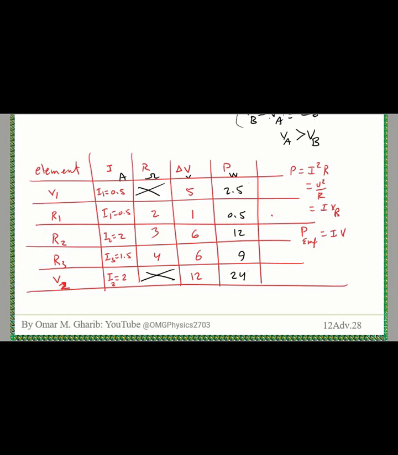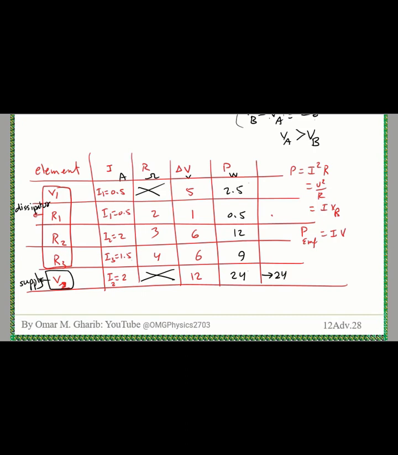So the dissipation is due to these four. These are dissipators of energy. And this one is the only supply. So you cannot name V1 as a supply. It is a consumer.